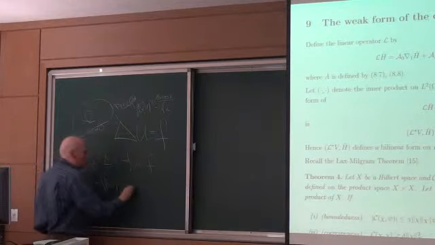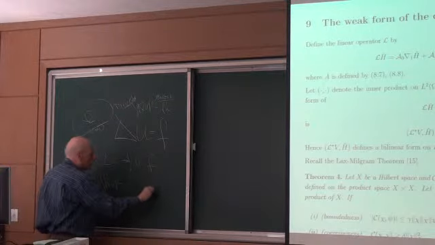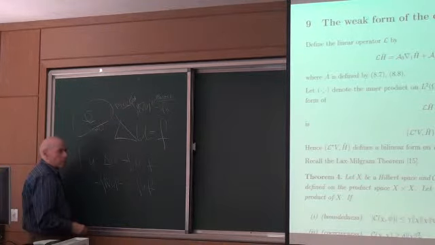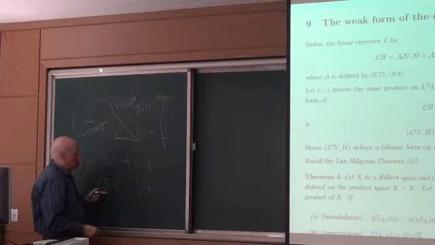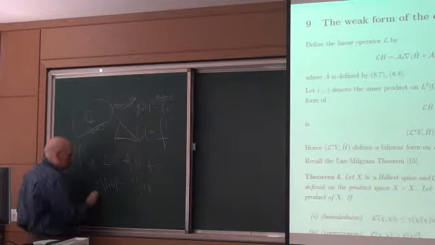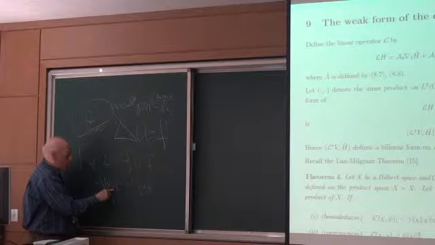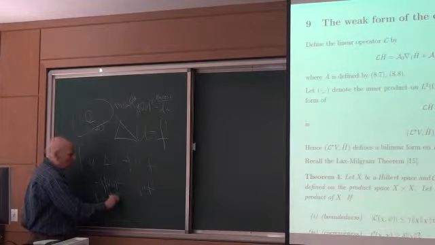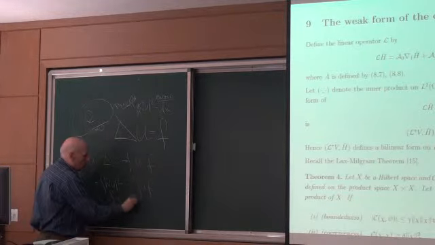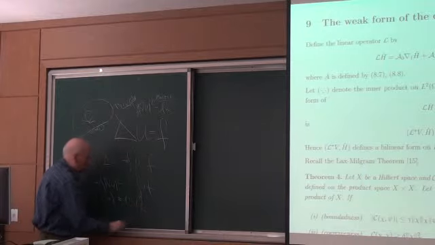So it looks like this. Now this looks like the inner product of u with u, but not in L2, rather in this derivative norm. Let's put a 1 here, equals the inner product of u and f in L2.